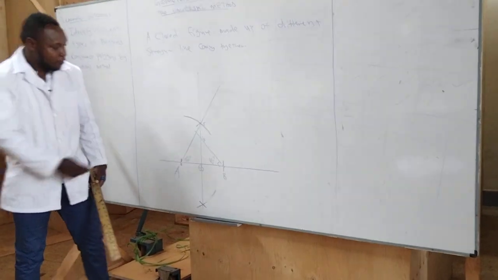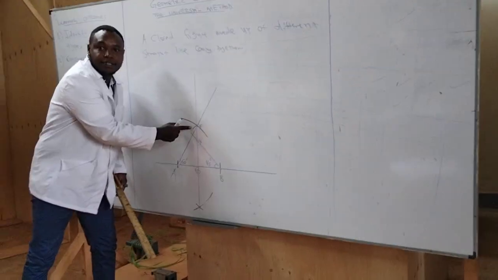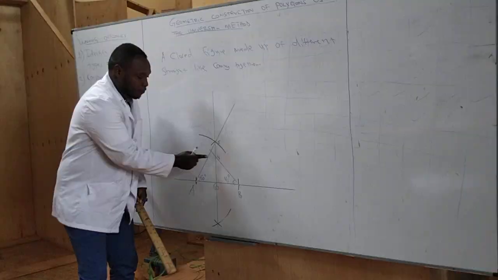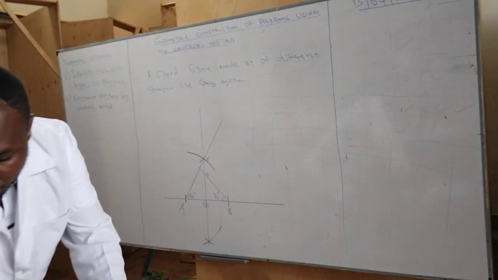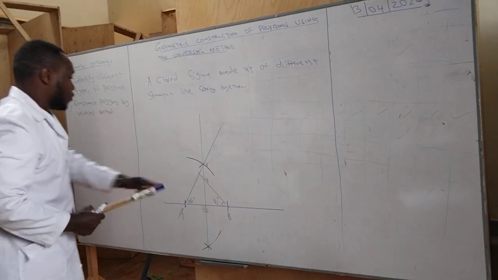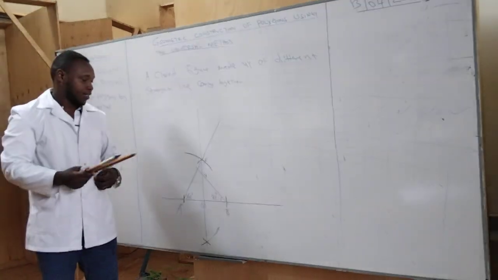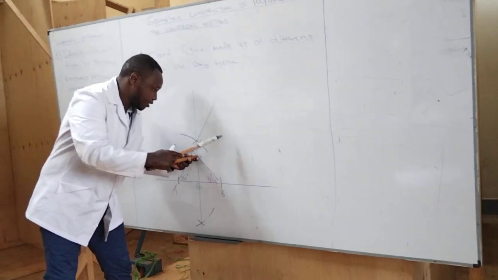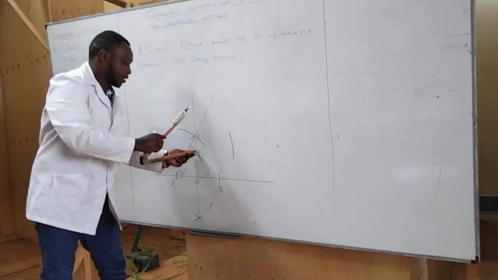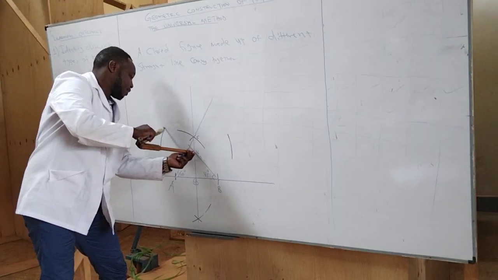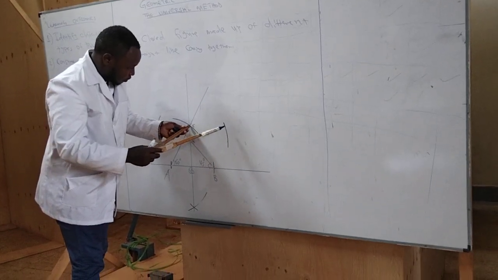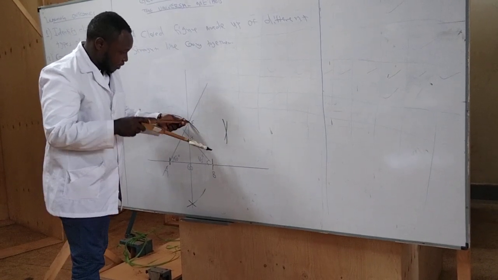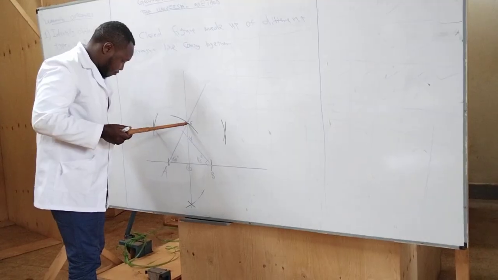Now, we have point 4 and point 6. We again bisect point 4 and point 6. We construct a perpendicular line to points 4 and 6. So you start at 4, mark an arc this way, and you mark it again that way. Come to 6, mark an arc, mark an arc.